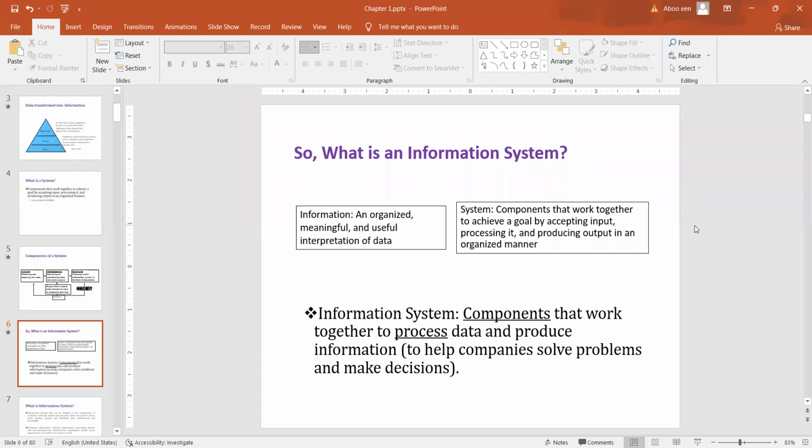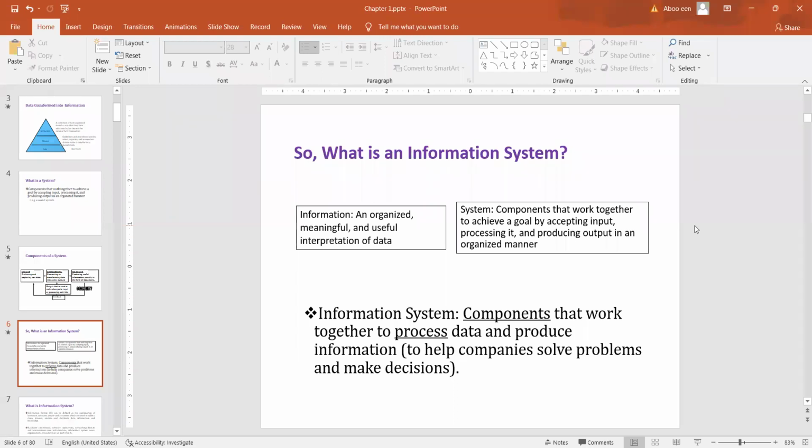Basically, an information system in a business organization includes a set of components: people, procedures and processes, data and information, hardware, software, and various other components.